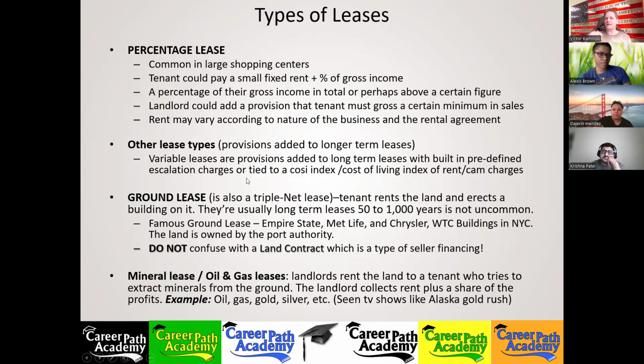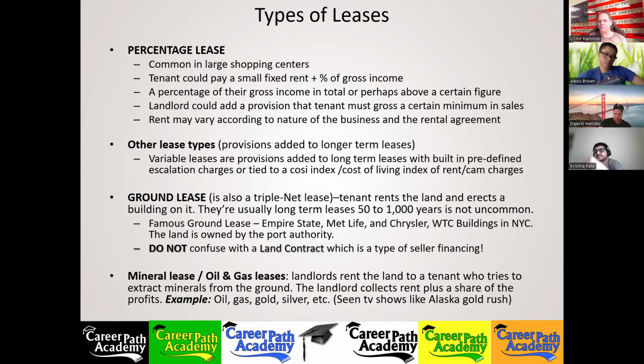You could just have them say, hey, the first year, this is the rent. The next year, the rent goes up to this amount or by this percentage or by this dollar amount, however they structure it.